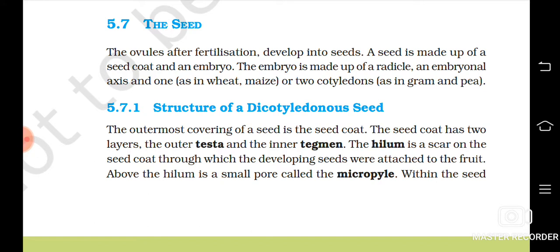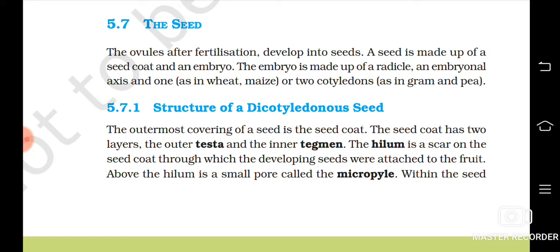And there is a small scar. Actually, it is representing the micropyle of the ovule. And this scar is known as hilum, through which the developing seeds were attached to the fruit. Understood? Then above the hilum there is a small pore, that is known as the micropyle, and through this only the pollen tube enters.